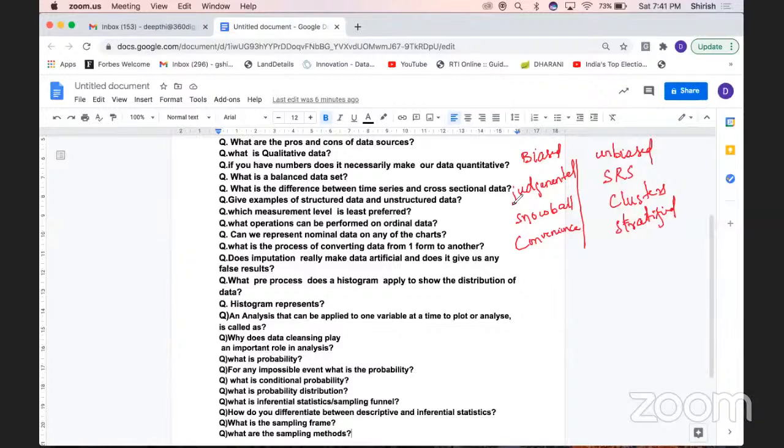Now what is snowball and convenience sampling about? Both are different. Convenience, from the name, you understand that it is conveniently available, right? Suppose an NGO, that particular organization, wants to establish itself in 20 more cities.